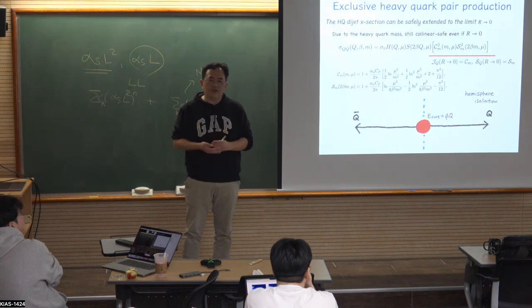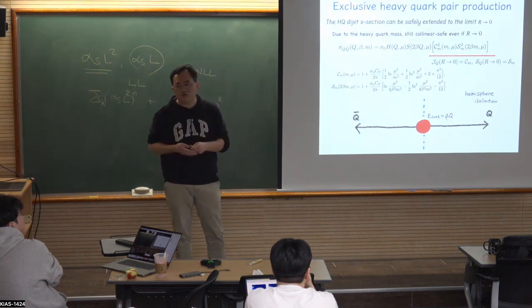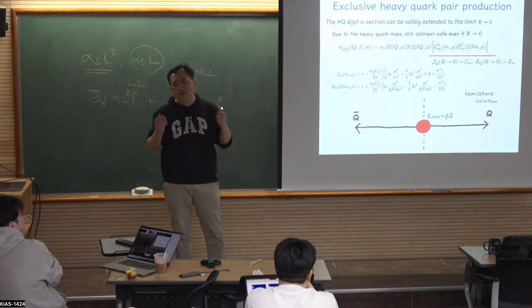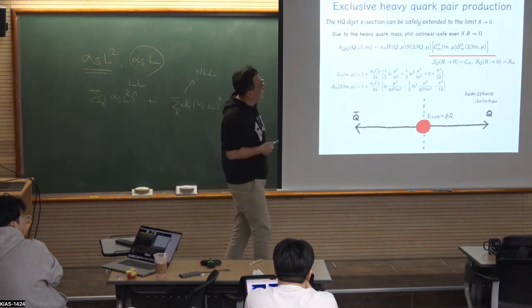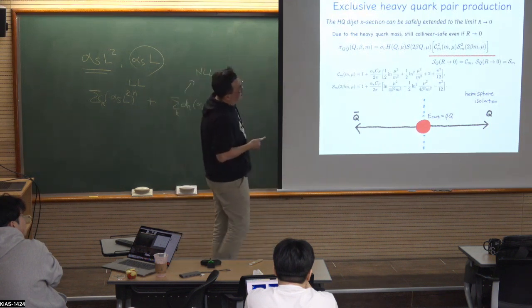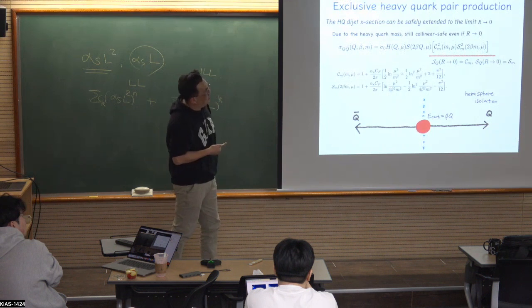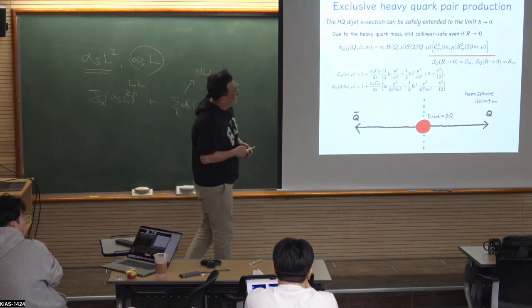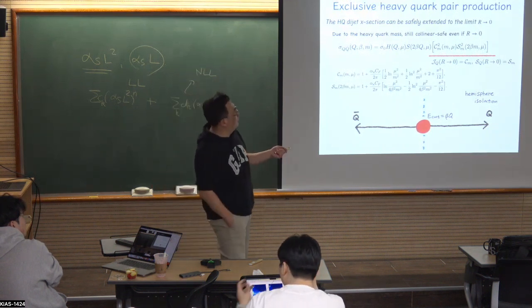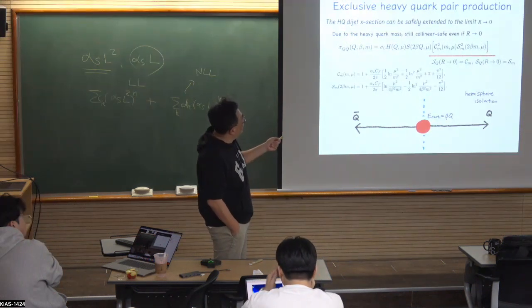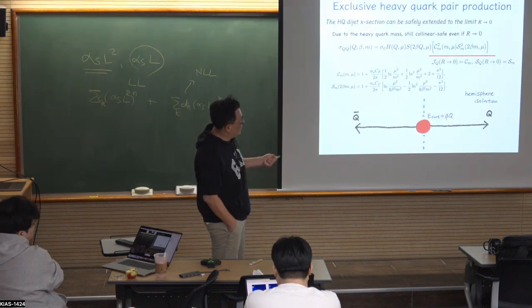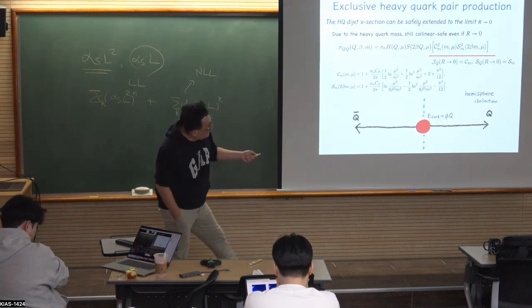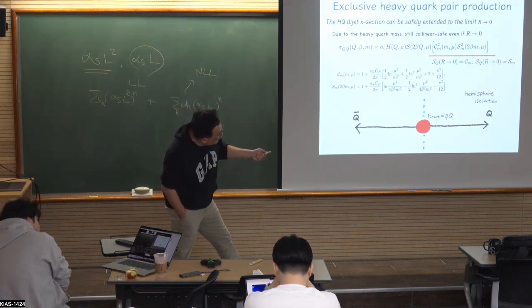The reason is that because of the heavy quark mass, in this case there should be no collinear divergence. So without setting the jet, considering the limit R equal to 0, we can compute the exclusive heavy quark pair production. As you see in this diagram, this is just a hemisphere.